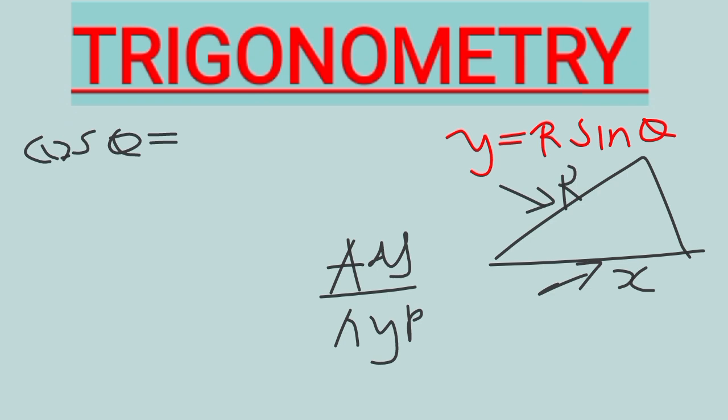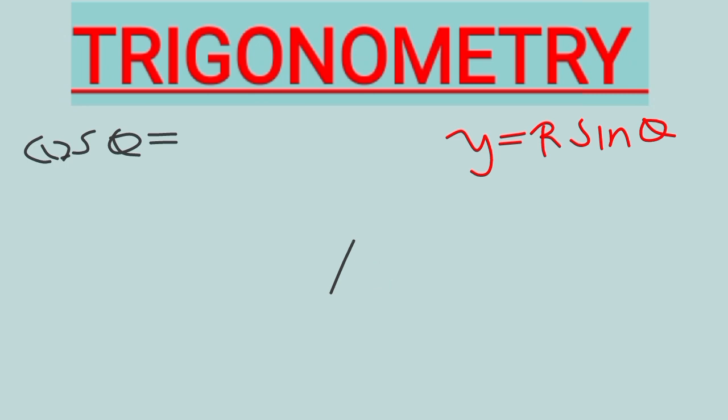So this one will be equal to x over r. Where there is adjacent there, you put x. So let us do that, where we have said cos theta is equal to that. So cos theta will now be equal to x over r.